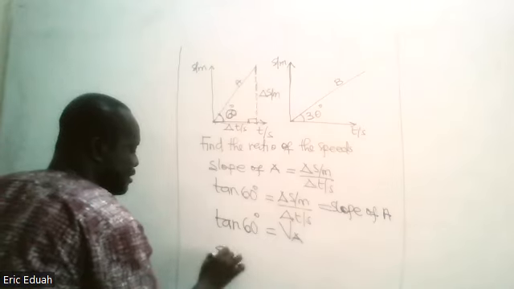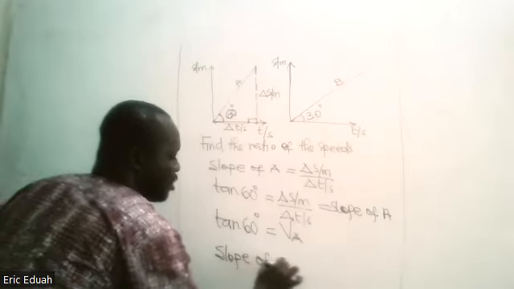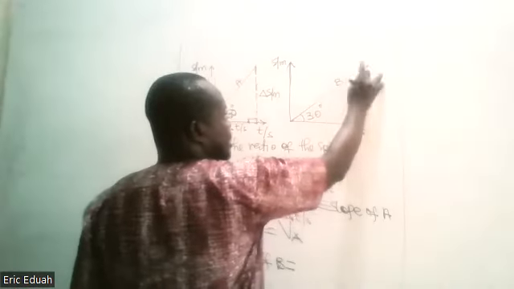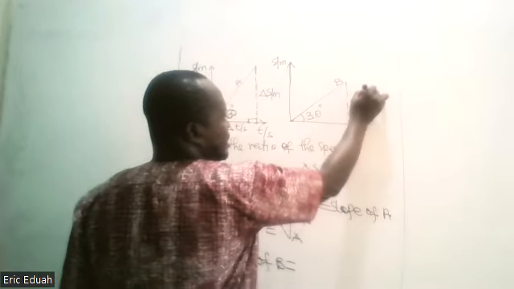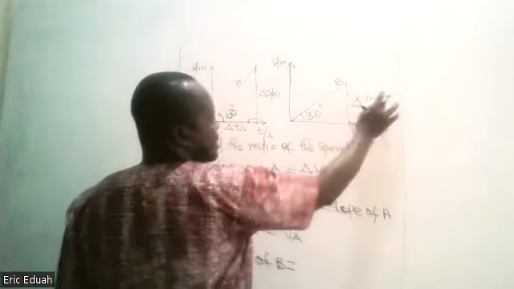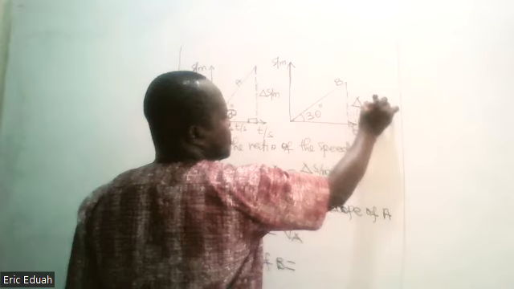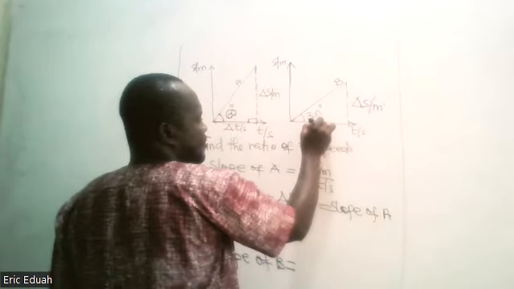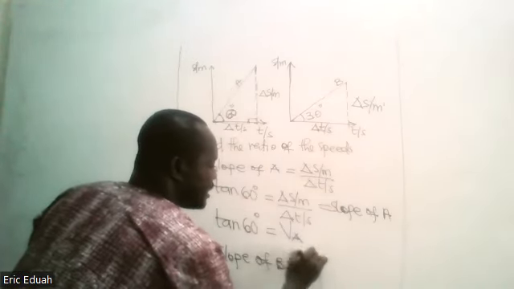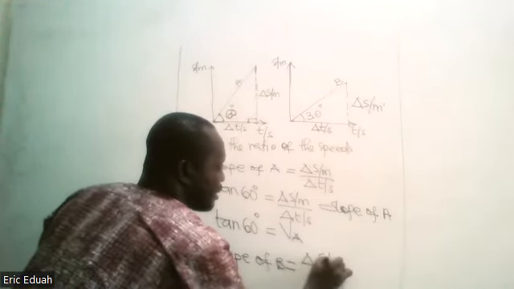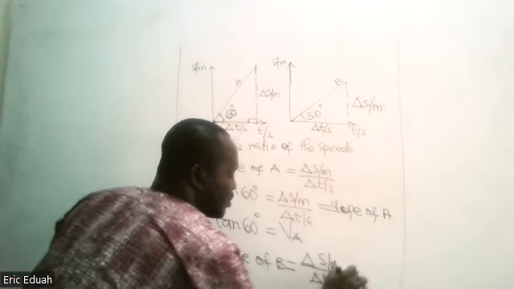The slope of B, or the gradient of B, will certainly be equal to the change in displacement, delta S, over the change in time, delta T. Change in the vertical over the change in the horizontal.